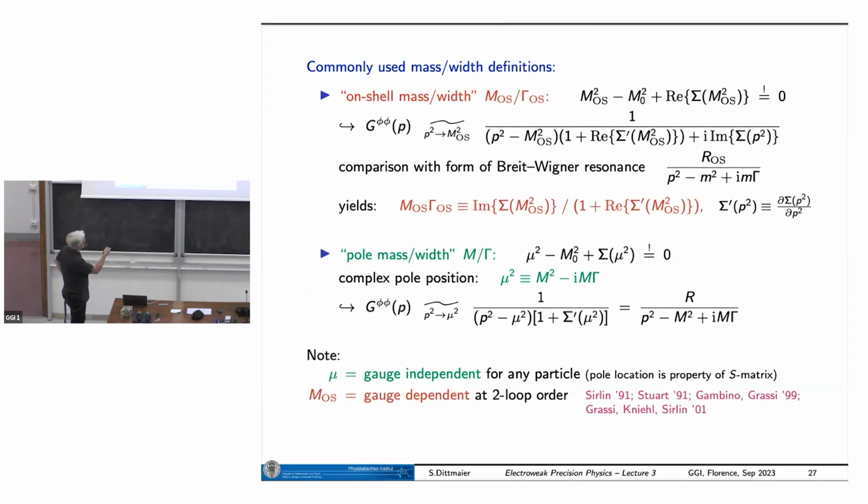You have it as it is, because the real part does not go into the redefinition, into the renormalization of the self-energy. And so if this P squared is near the M squared here, this looks like a resonance in the amplitude. And if you take the absolute value squared, it looks like a Breit-Wigner resonance. So this nicely describes the situation.